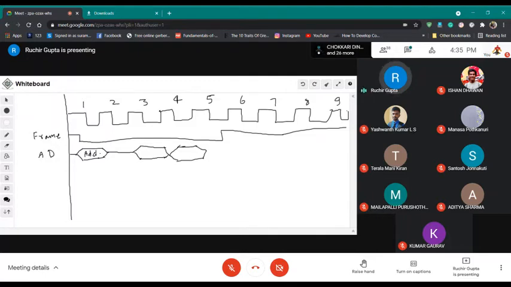Now there is some trick here. That's why I'm discussing about it. There is some difference here. So this is byte 1, this is byte 2, this is byte 3, and this is byte 4. And then, of course, CB.